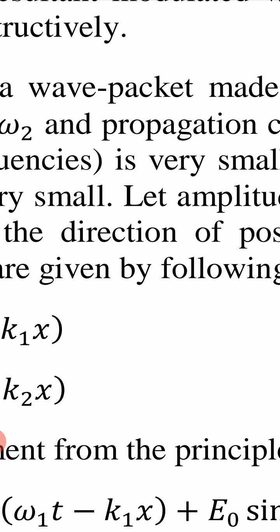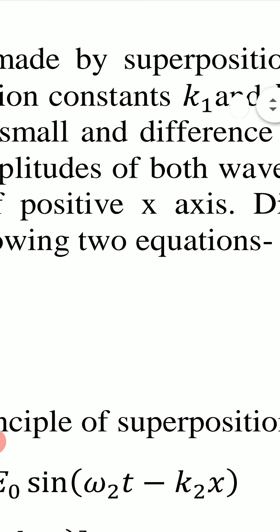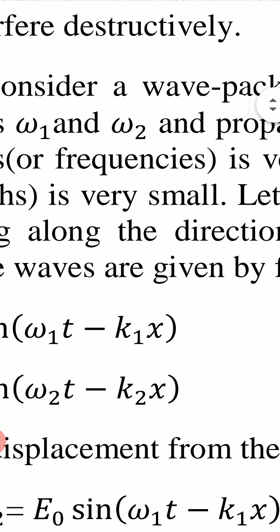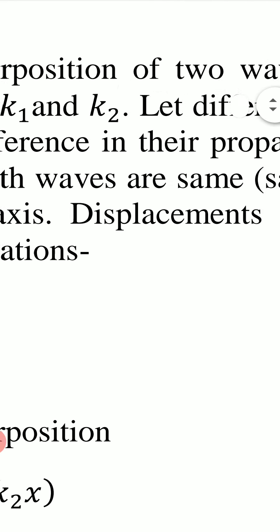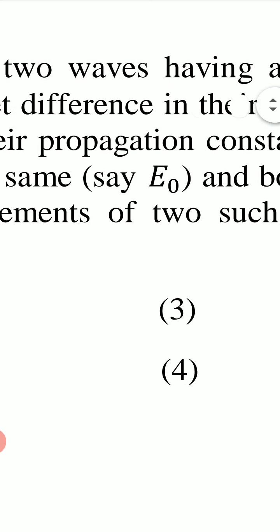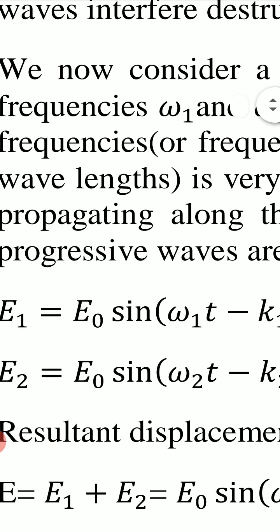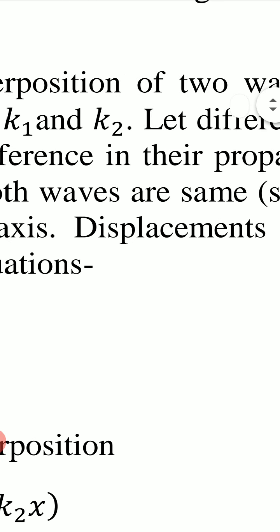Difference between omega 1 and omega 2 is small, and the difference between their wave vectors k1 and k2 is very small. Let the amplitudes of both waves be the same, say E0, and both are propagating along the direction of positive x-axis.